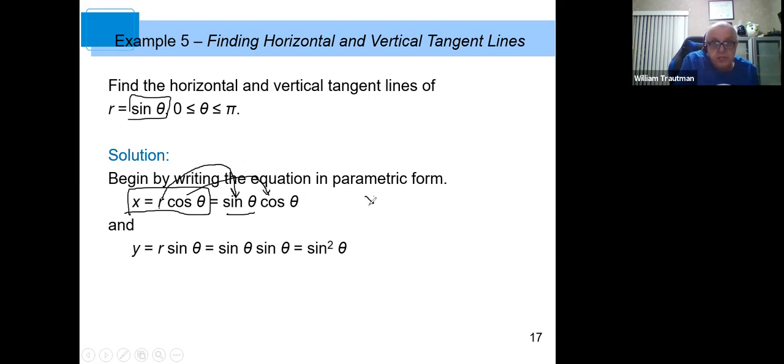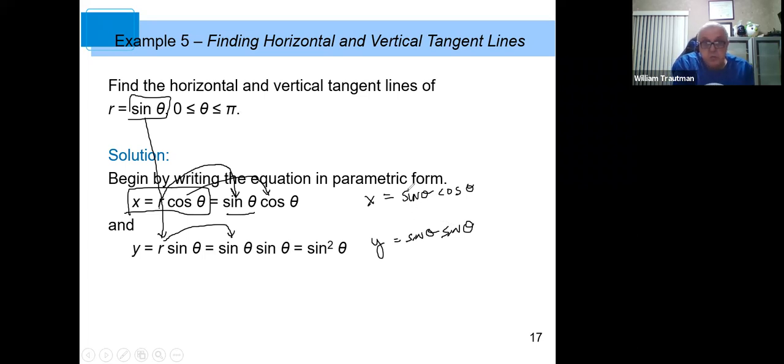So now my x equals sine theta cosine theta. Here, they did the same thing, r equals sine theta. So y equals, I'm going to leave it as sine theta times sine theta.